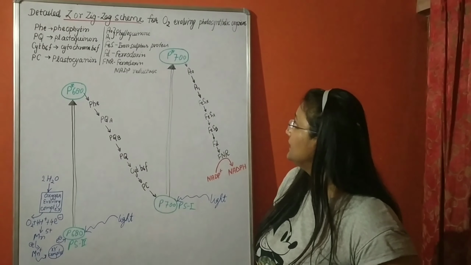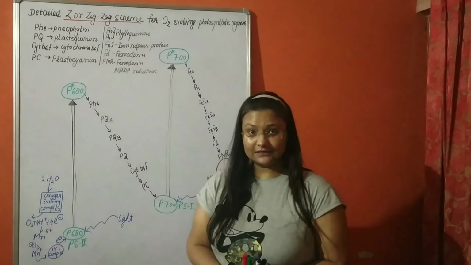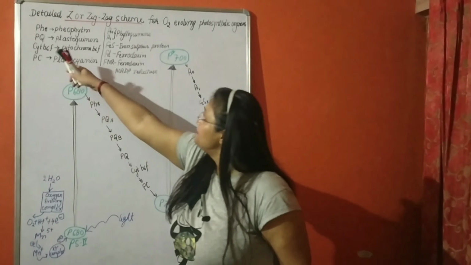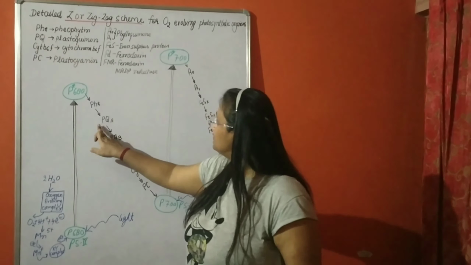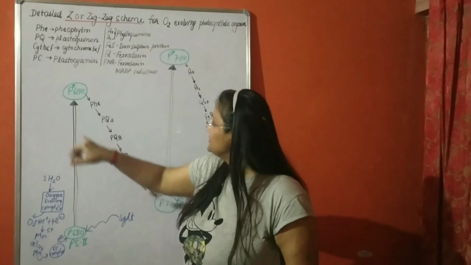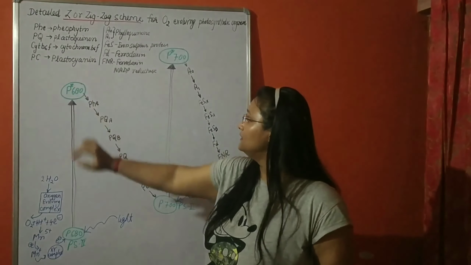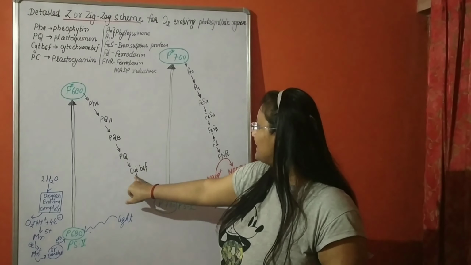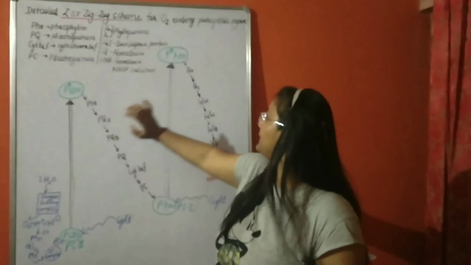These are some of the proteins used during the Z scheme. Phe is pheophytin, PQ is plastoquinone, cytochrome b6f is cytochrome b6f, PC is plastocyanin.